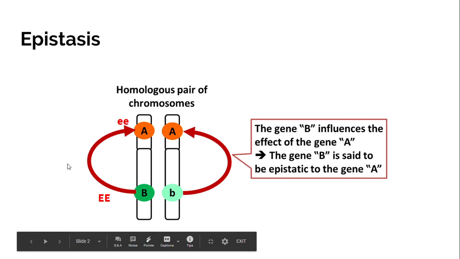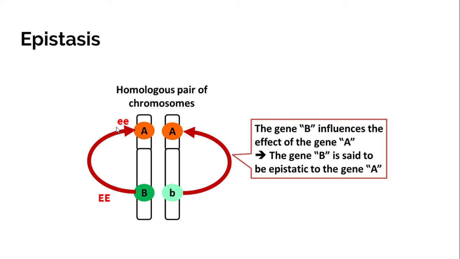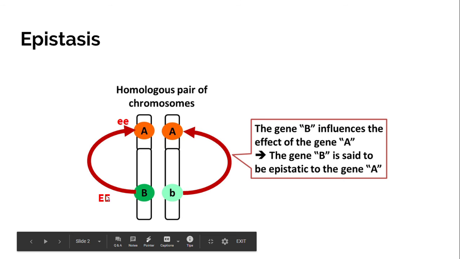For instance, in labradoodles, there is one gene at the first locus that determines if the dog is black or brown, and the gene at the second locus determines the pigment. So for instance, big E big E or big E small e says that either a brown or black pigment will be given, but small e small e says that a yellow pigment will be given.